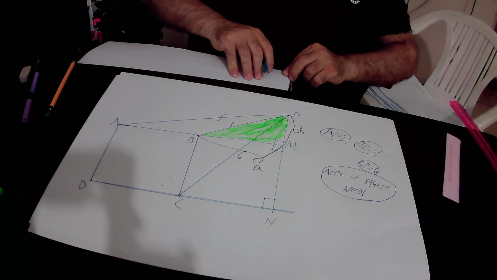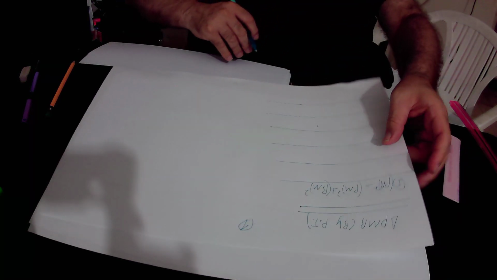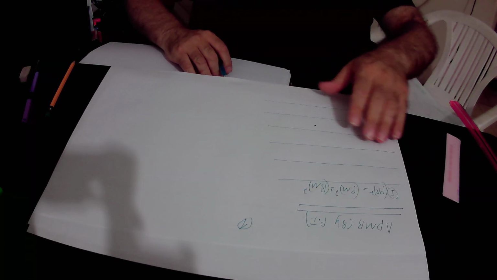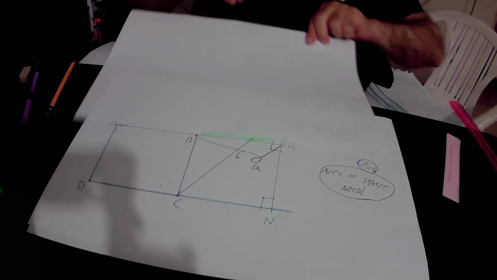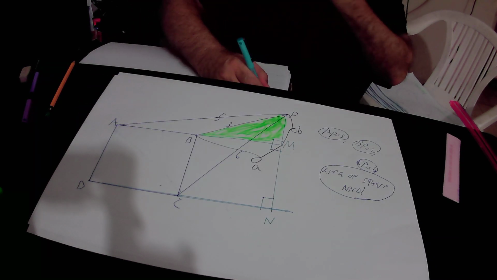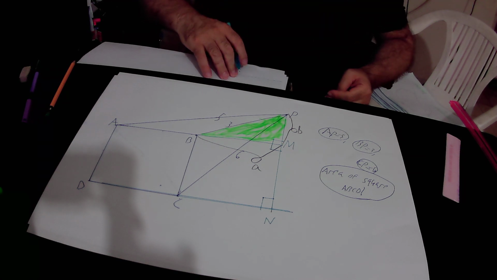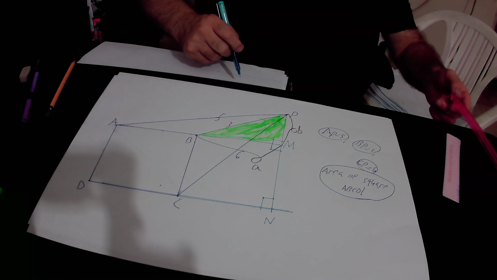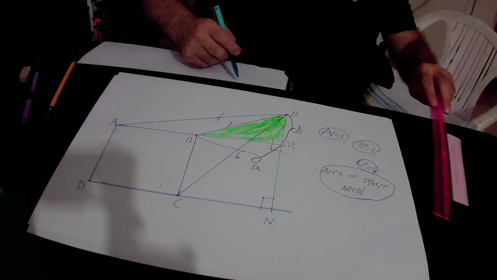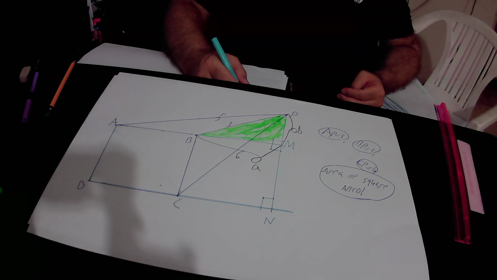I'll repeat again, in the right triangle PMB, according to the Pythagoras theorem, PB squared equals PM squared plus BM squared. The hypotenuse PB is equal to 3 units according to what is given in the question. Therefore, the square of the hypotenuse is PB squared, that is 3 squared, that is equal to 9.